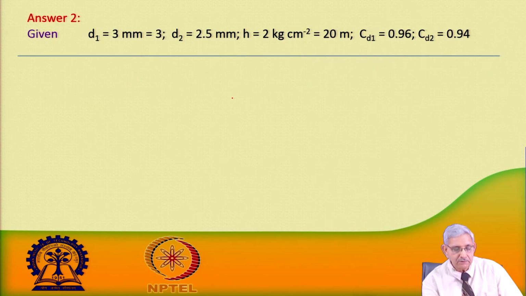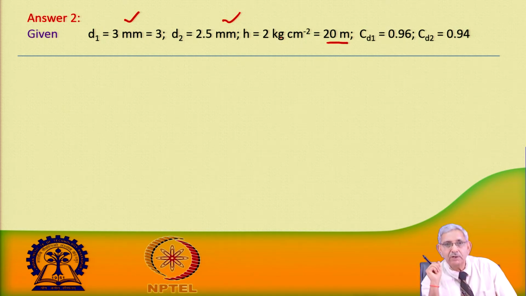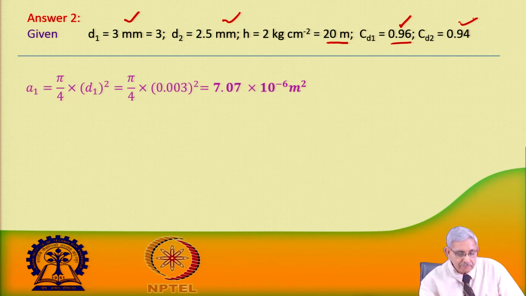Once again I am reading these data here: D1 is 3 millimeter, D2 is 2.5 millimeter, and the operating pressure is 2 kg per square centimeter, which is equivalent to 20 meter of water column, that is H. The coefficient of discharge CD1 is 0.96 and CD2 is 0.94.